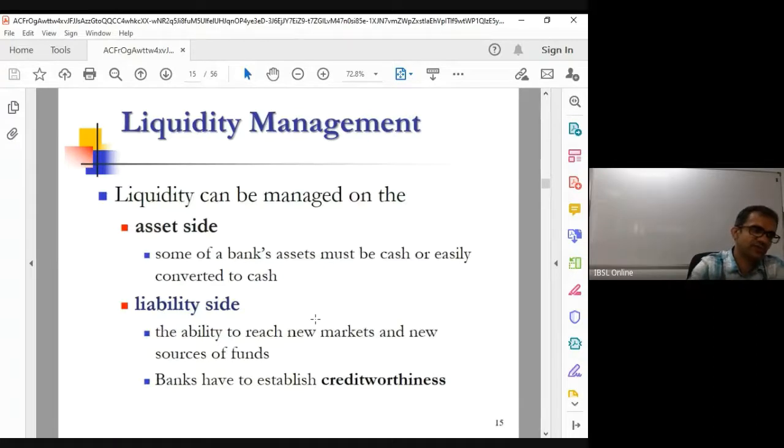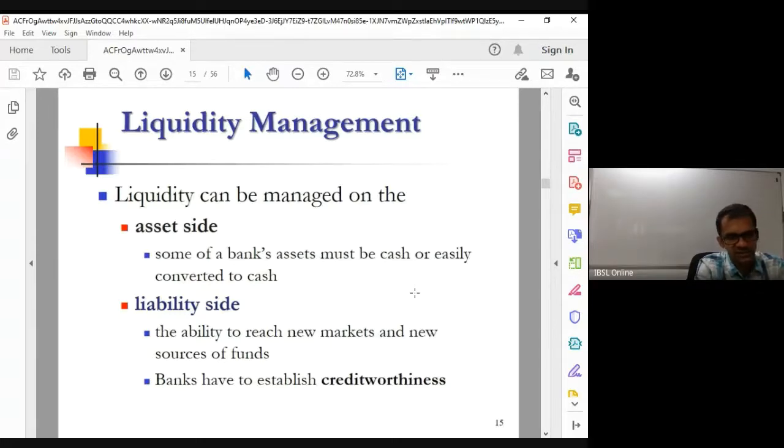So there's a cost even in managing liquidity with the asset side or the liability side. What is the cost of managing liquidity with the asset side? You maintain cash or more liquid assets.